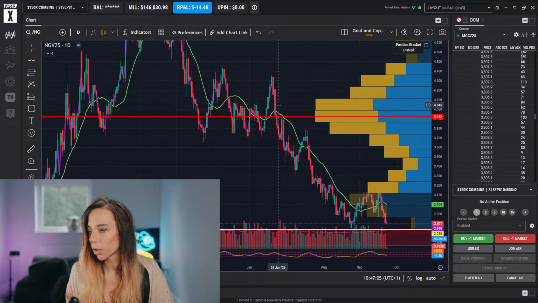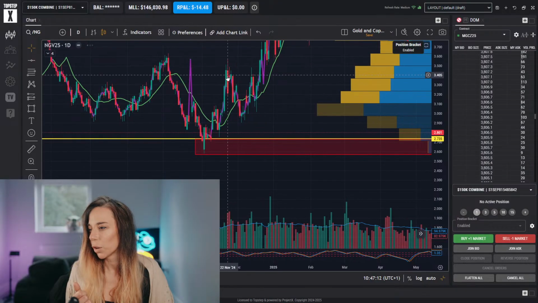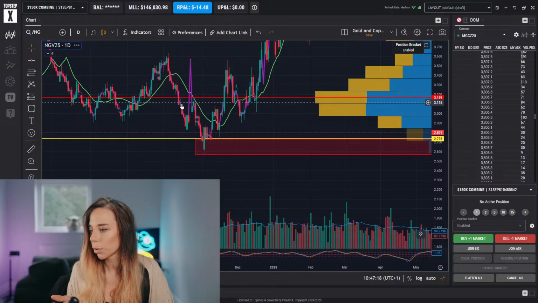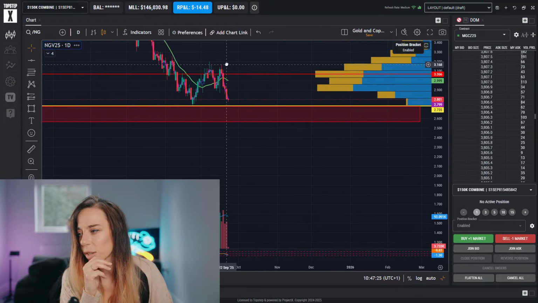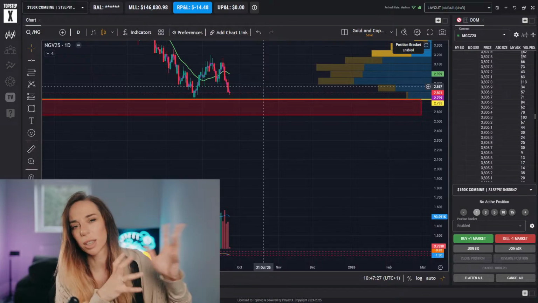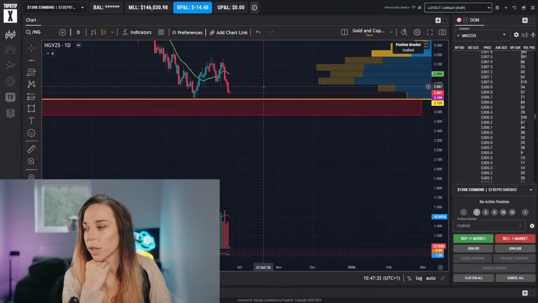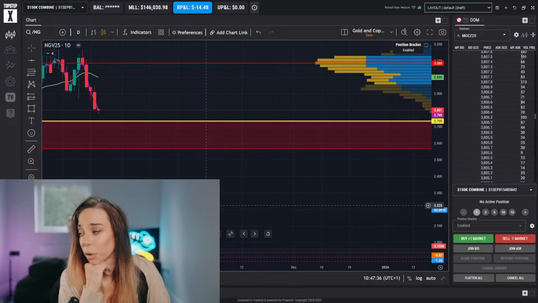Here's another one. 1, 2, 3, 4, 5, and then comes back up. 1, 2, then a relief. 1, 2, 3, 4, then an up day. 1, 2, then a doji. 1, 2, 3, then an up day. So really, after about 4 down days, there is a statistical chance that we end up going up today. That's a very slim way of looking at statistics, but it is something.